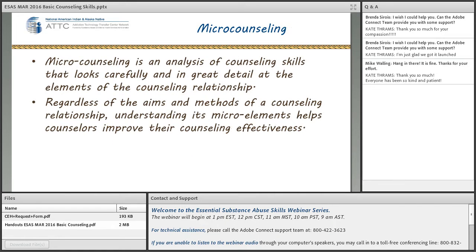Now, microcounseling is an analysis of counseling skills that looks carefully and in great detail at the elements of the counseling relationship. Regardless of the aims and methods of a counseling relationship, understanding its micro-elements helps counselors improve their counseling effectiveness.